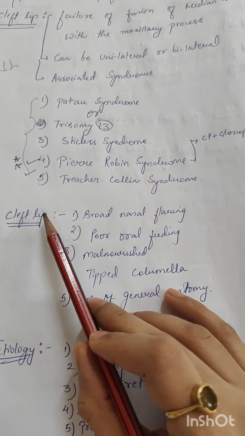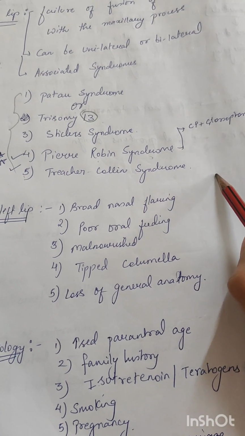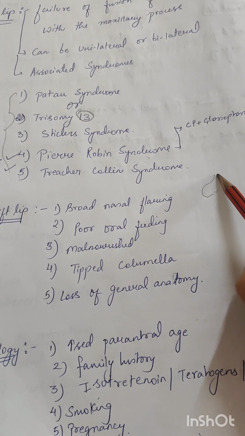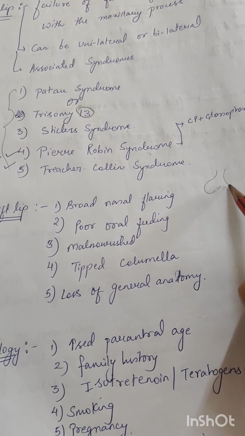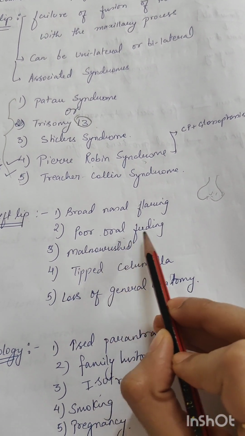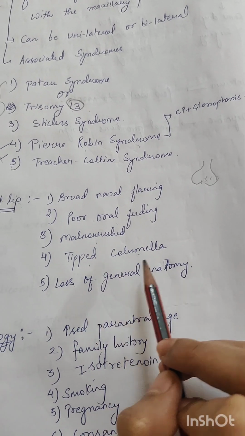So now coming on to the clinical features seen with cleft lip. Broad nasal flaring, you will see that there will be broad nasal flaring, poor oral feeding, malnourished, tipped columella, loss of general anatomy.